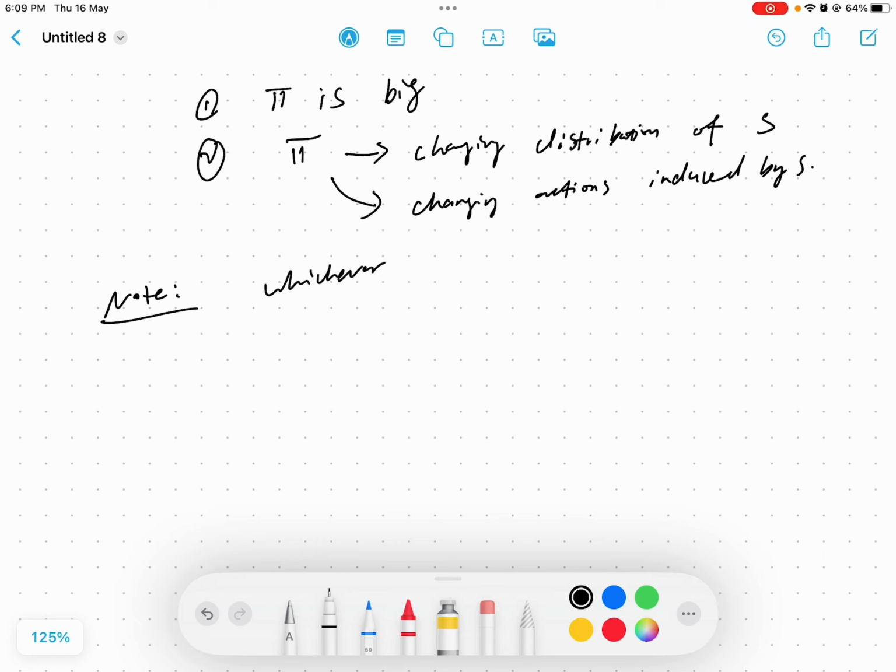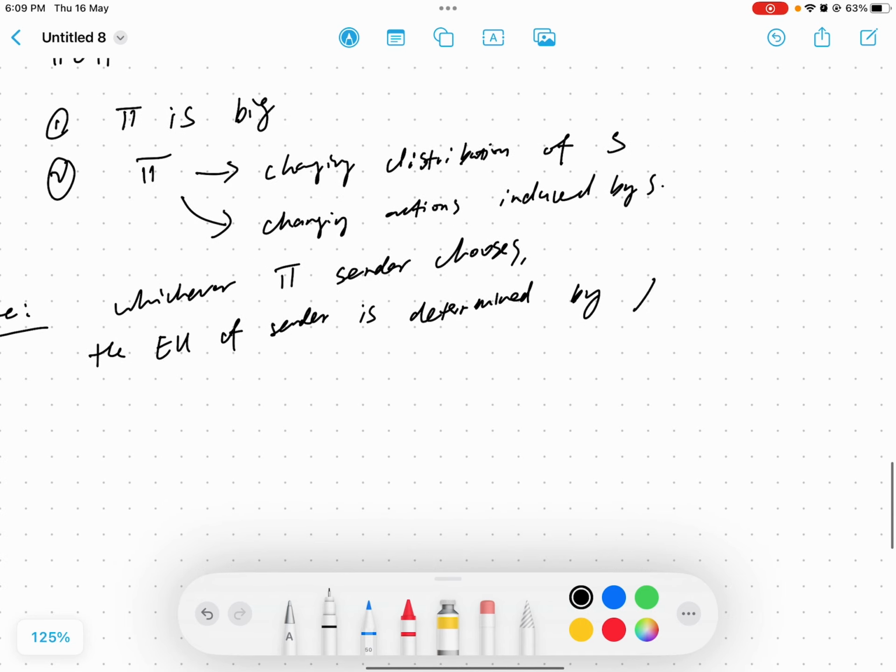So no matter what pi the sender chooses, the expected utility of the sender is fully determined by the receiver's posterior. Okay.